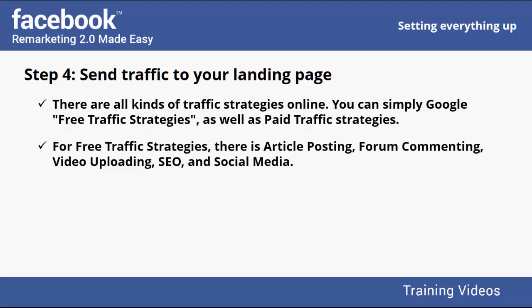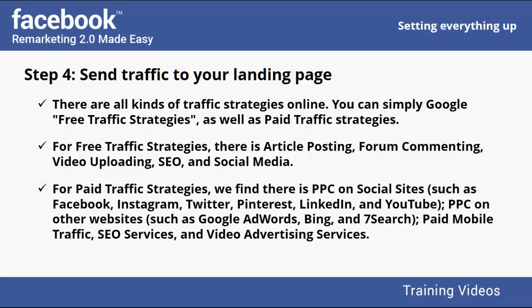For free traffic strategies, there is article posting, forum commenting, video uploading, SEO, and social media. For paid traffic strategies, we find there is PPC on social sites such as Facebook, Instagram, Twitter, Pinterest, LinkedIn, and YouTube. PPC on other websites such as Google AdWords, Bing, and 7Search. Paid mobile traffic, SEO services, and video advertising services.